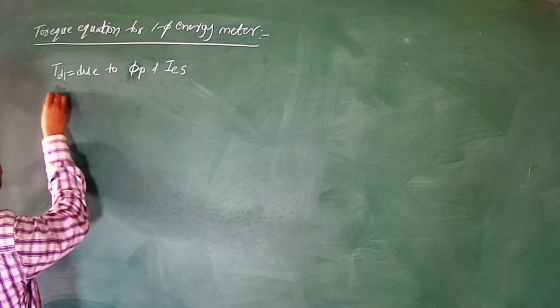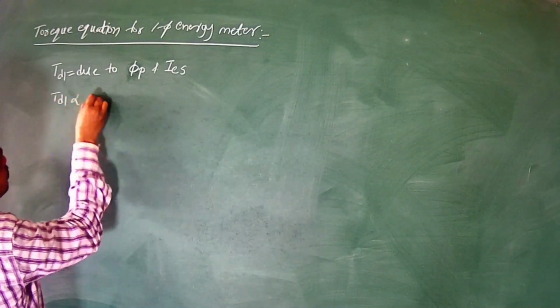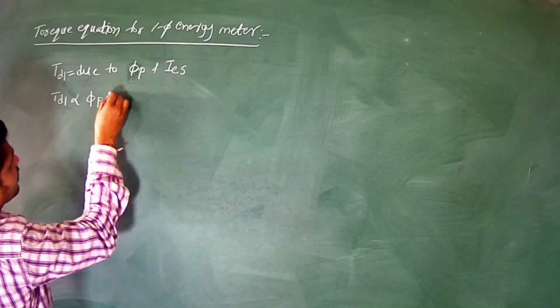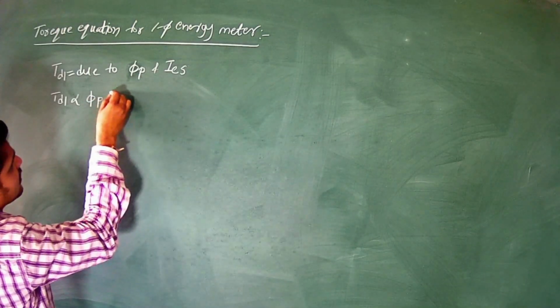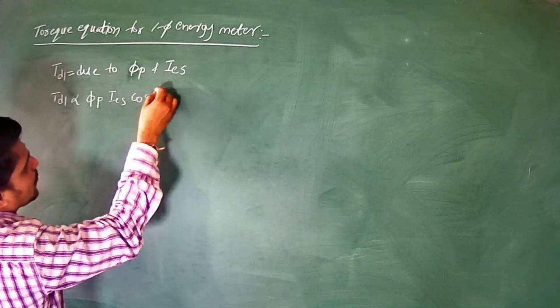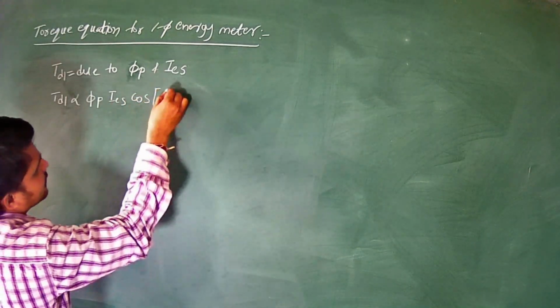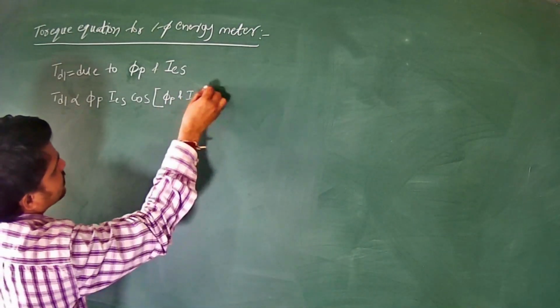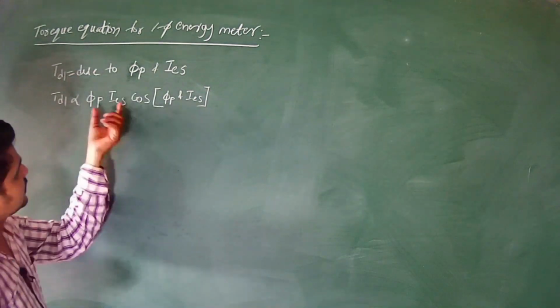So this deflection torque TD1 is proportional to phi p and IES, cos of the angle between phi p and IES. It means the angle between both the parameters.